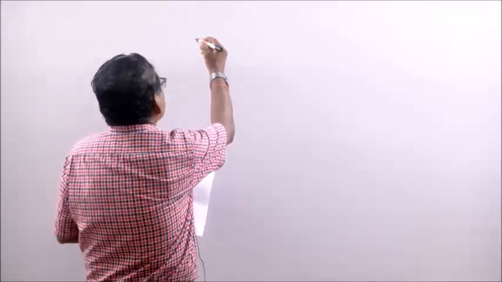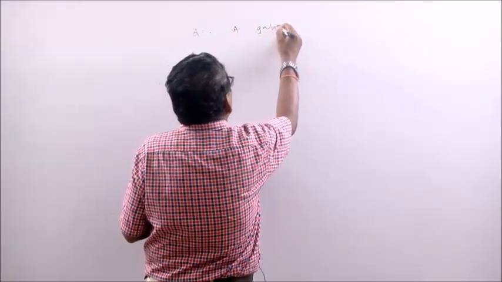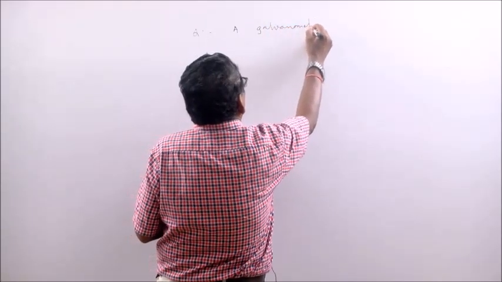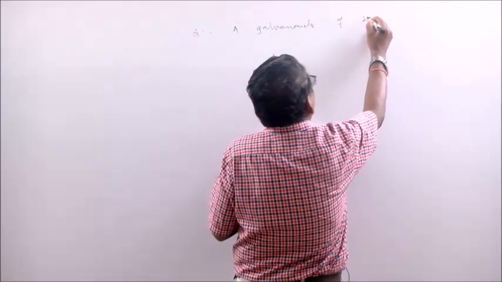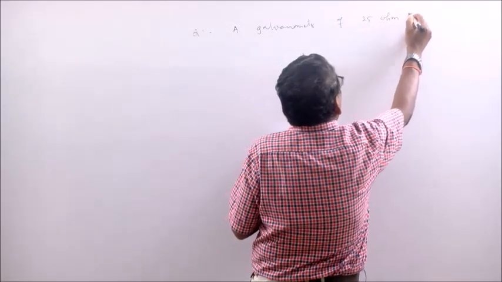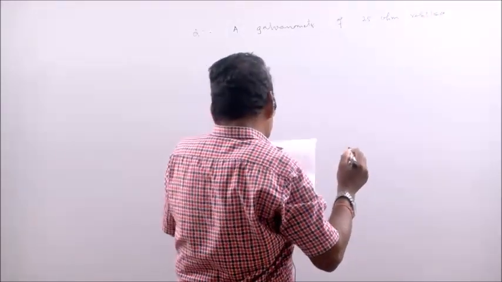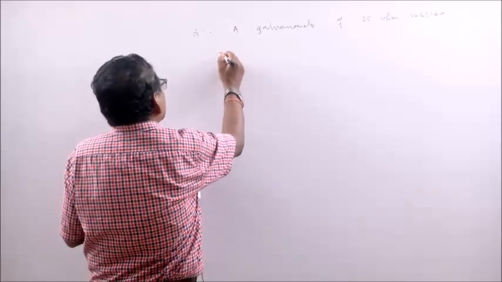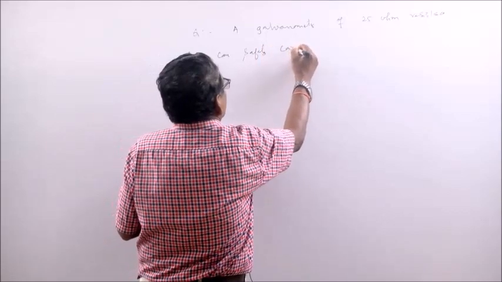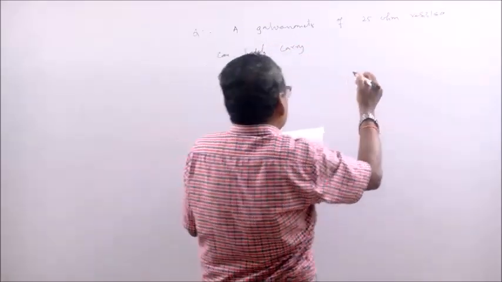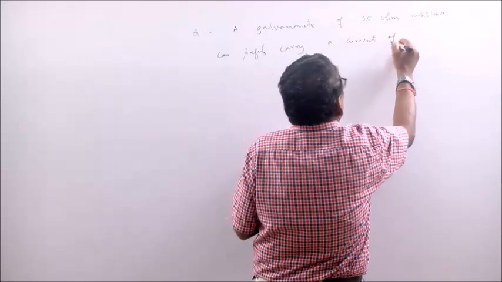Suppose there is a galvanometer, the question is like this. A galvanometer of 25 ohm resistance can safely carry a current of 1 milliampere.